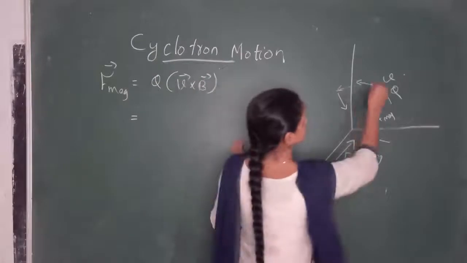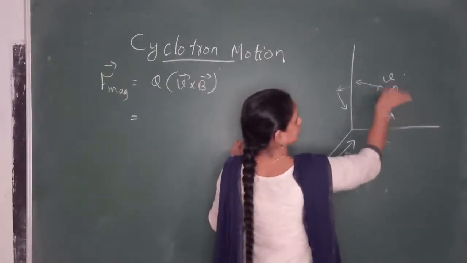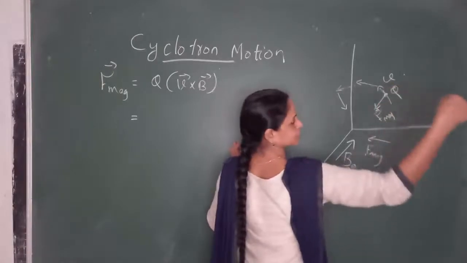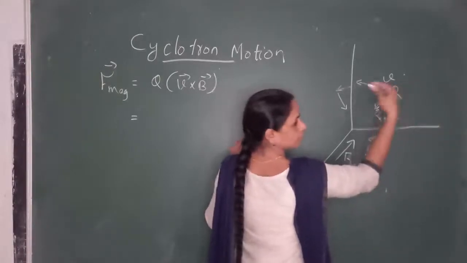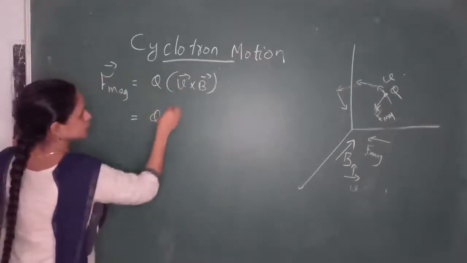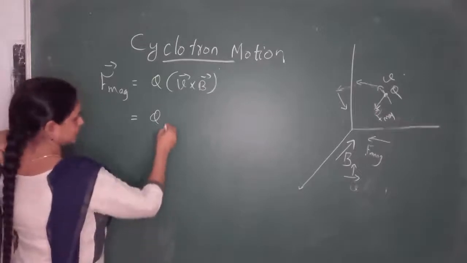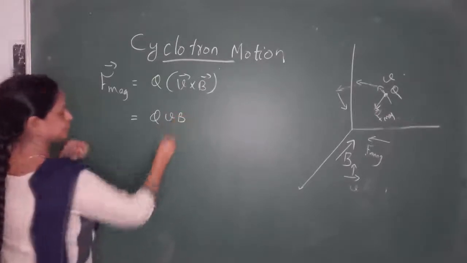So q into v cross B means qvB sin theta, with theta 90 degrees. So you can write qvB.